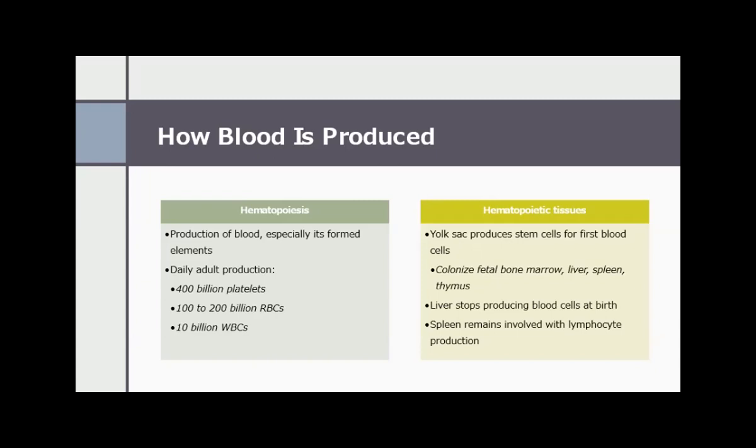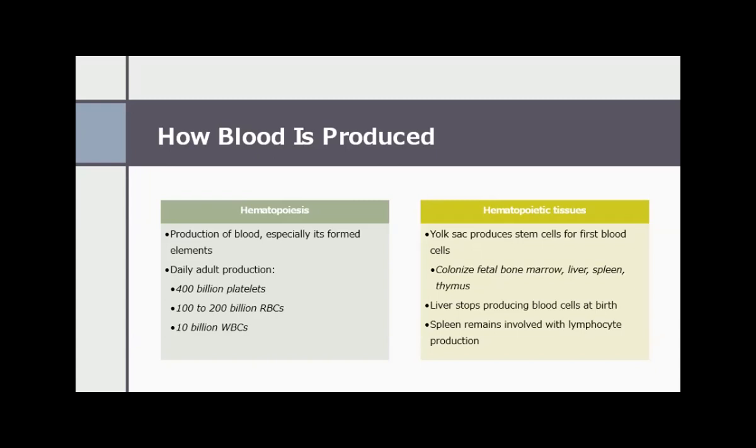You've got blood that is making its formed elements. That is your platelets, your red blood cells, and your white blood cells. Your daily production is right here. 4 billion platelets a day. Our hemopoietic tissues are little production centers of these cells.